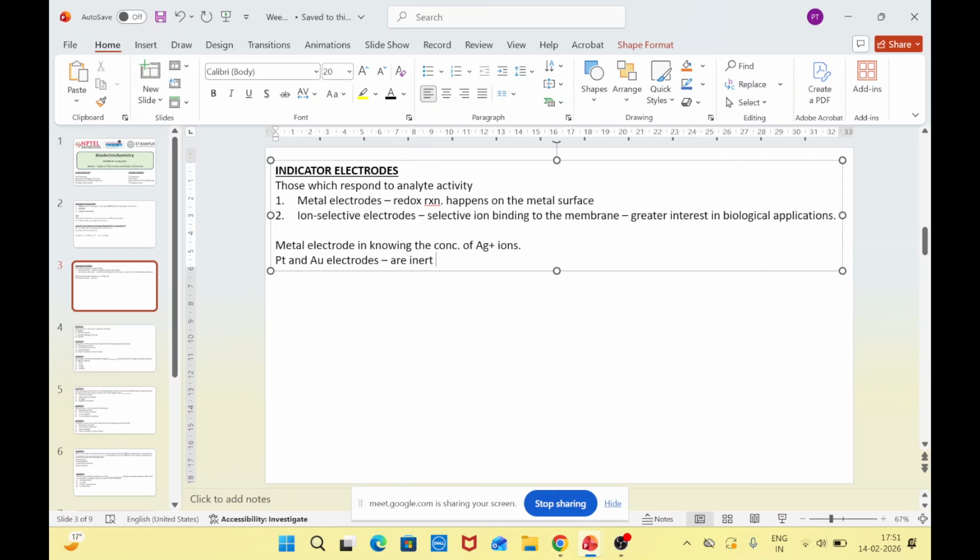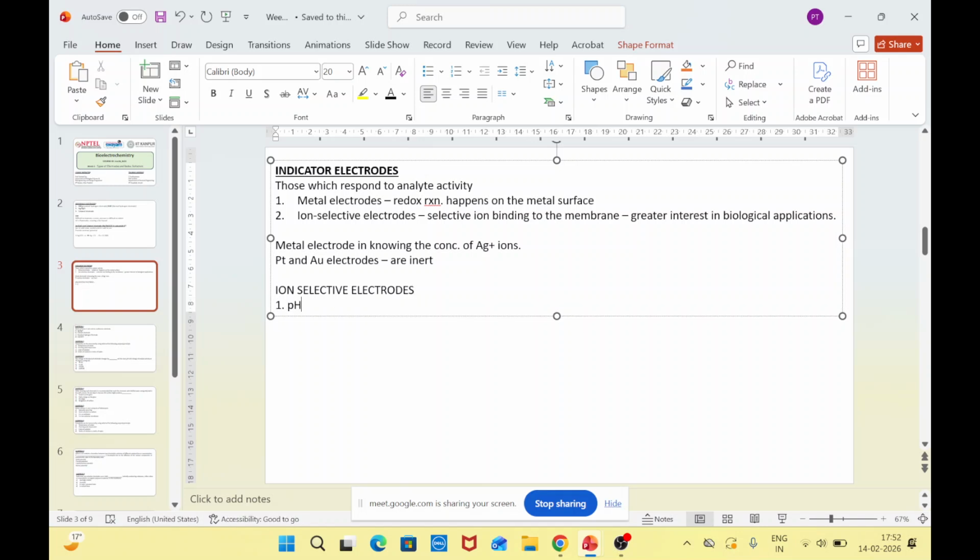Now, in the case of the ion selective electrodes that we are going to discuss, we have quite a few of them in terms of applications.